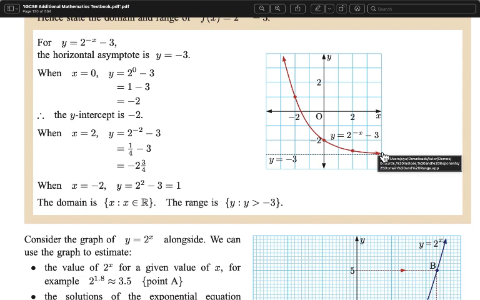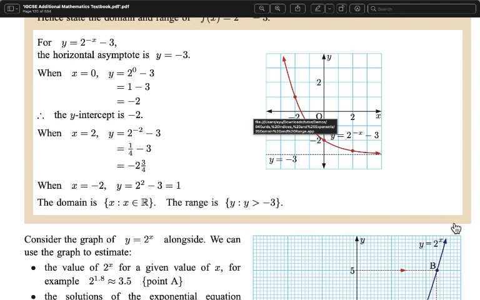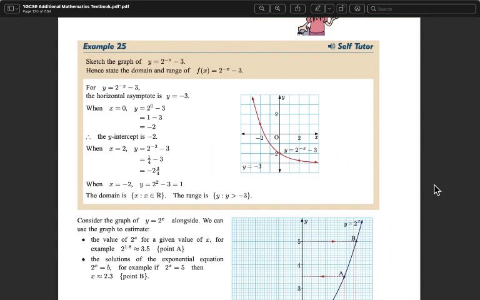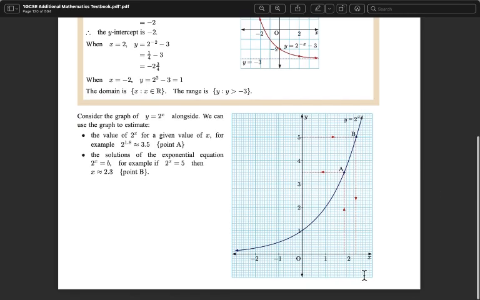An x value of negative 2 is used in this case, but any value can be used, as long as it is applicable in this scenario. So in this case, when x is minus 2, y is going to be 1, and with 3 points and its asymptote, along with the general shape, the graph can be drawn. The graph can also be used to estimate values.